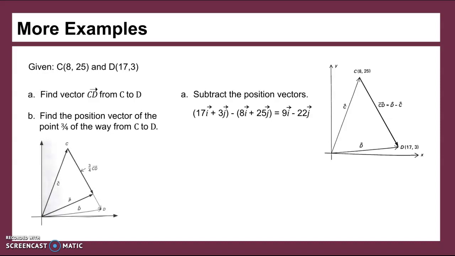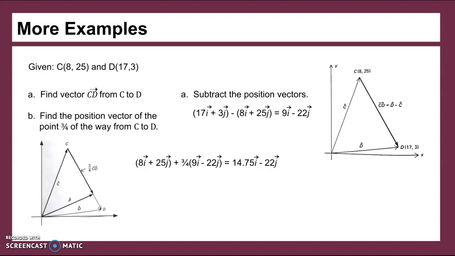If you want to find the position vector that's 3/4 of the way from C to D, it's very similar, but now I'm going from C to D, I want 3/4 of it, so I'm going to multiply the 9i minus 22j that I just computed by figuring out the vector that's going from C to D. I only want 3/4 of that.